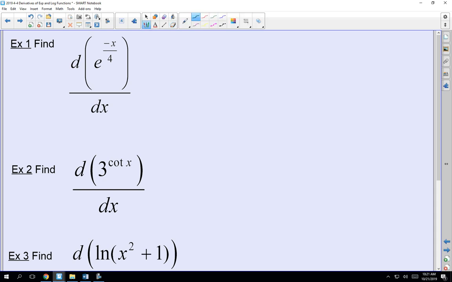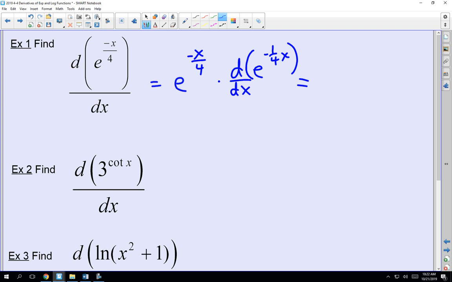The way to think about this one is, well, first of all, just copy down what you have. So we have e to the, and it might help too to think of this as negative 1/4 x, if you will. But we just copy down what you have there, and then it's times d/dx of the negative 1/4 x power.